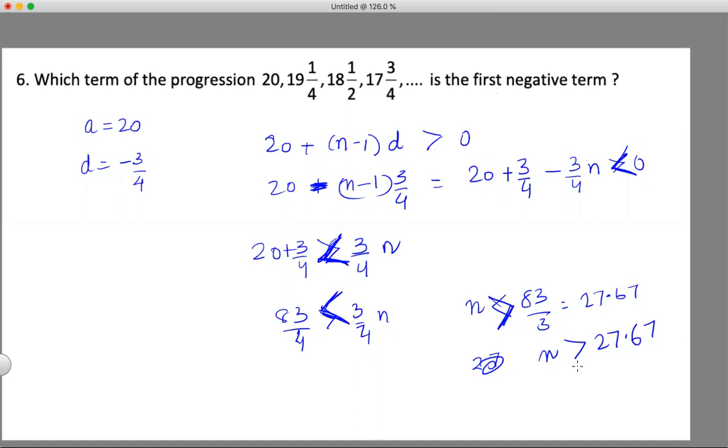So the smallest such value of n will be 28th. So 28th term will be the negative term, right? Yes, sir. So 28th term is the negative term. Okay, so I was actually doing which is the smallest positive term. That is why that was running in my mind. That's why I wrote the opposite sign. Then the answer would have been 27th, but this is correct now. Thanks for pointing that out.